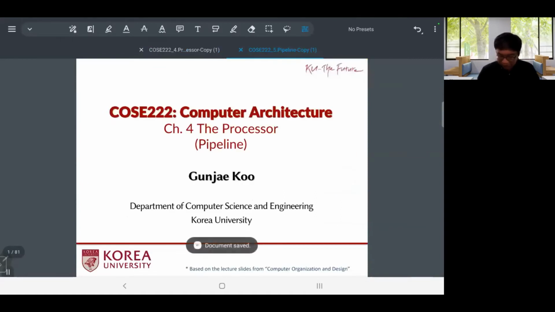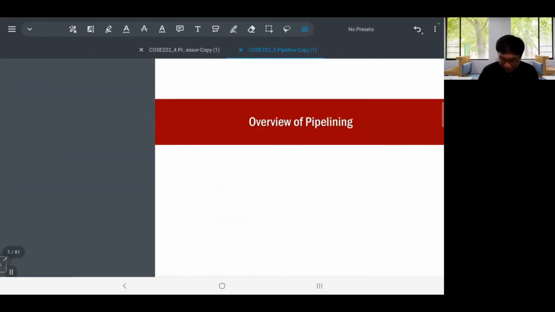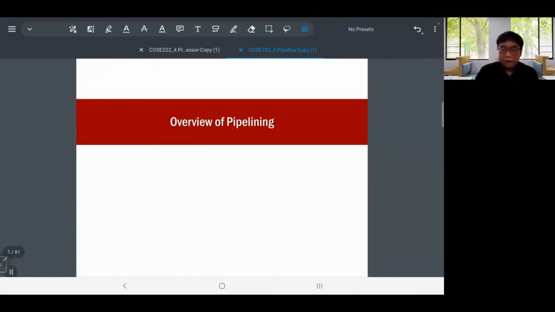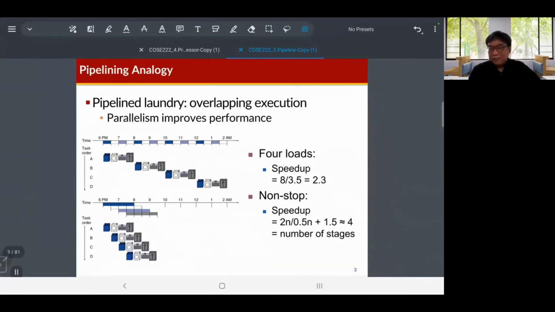Okay, so from now on, we will learn about the pipeline architecture, and it's very, very important in this course. Okay, so let's see what pipeline is. So this is a very famous analogy of the pipelining because the textbook of this course is COD, Computer Organization and Design.